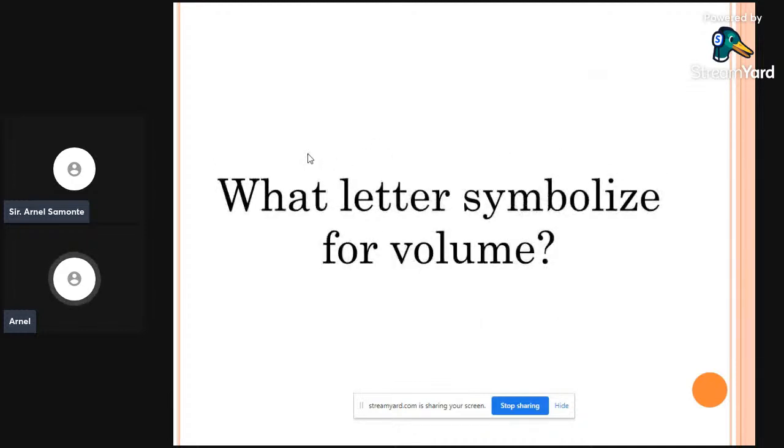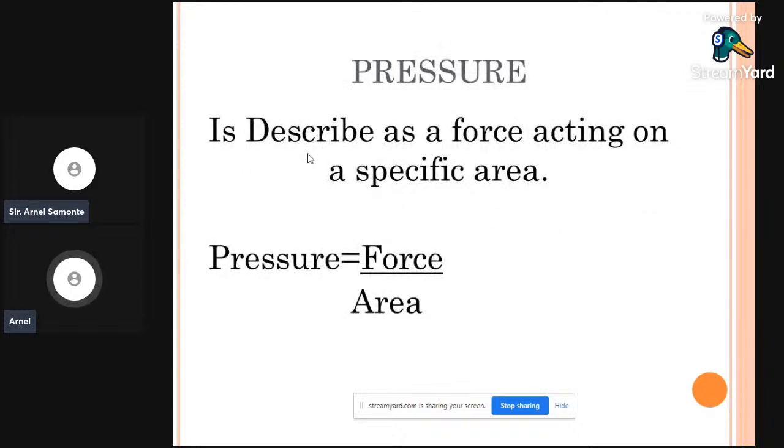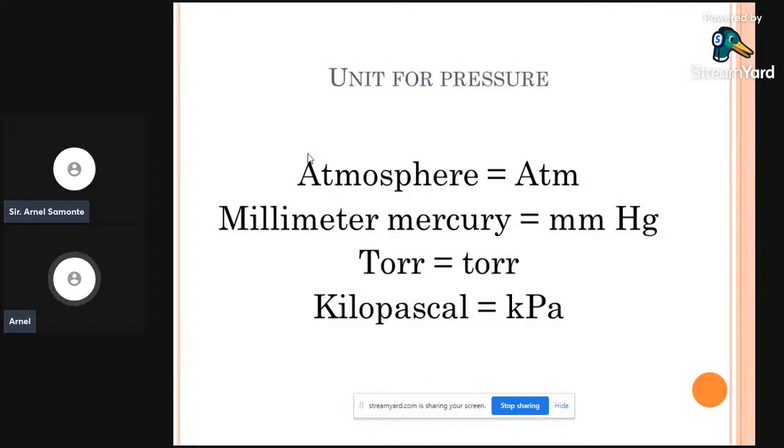So let's proceed to the definition of pressure. Pressure is described as a force acting on a specific area. So pressure is equivalent to force over area. The units for pressure we have are atmosphere, millimeter mercury, torr, and kilopascal.